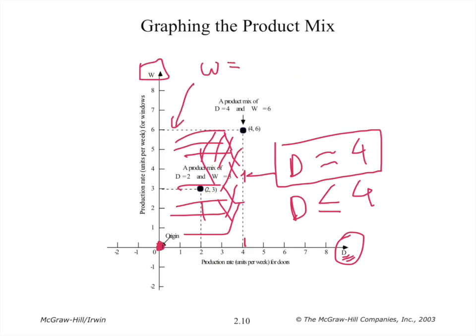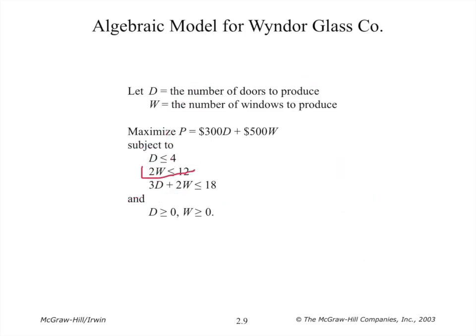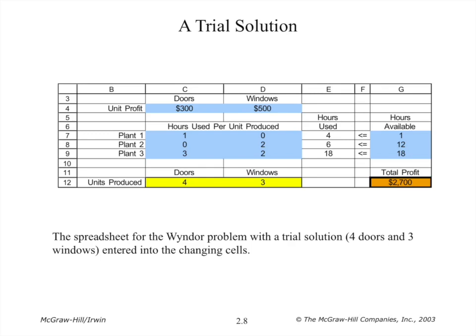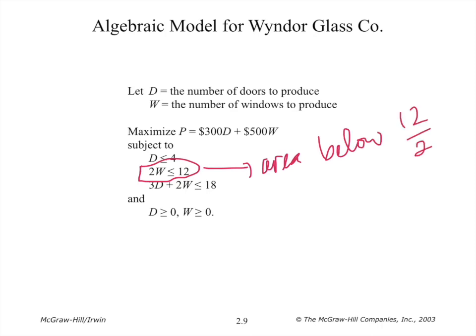And for 2w lower than or equal to 12, we can see the area below 12 divided by 2, or below 6.